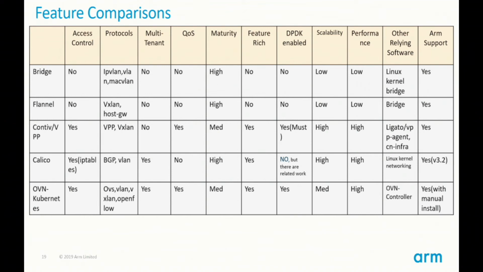But if you want a special feature, you need to be very selective among these solutions. If you want easy installation, I suggest you use Fnano or Calico. But if you want very high performance, you can use Contiv VPP. All these solutions have their own limitations and restrictions.